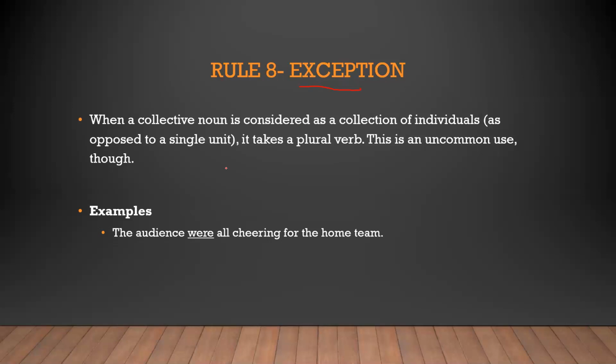Audience here means there is a group of people individually, and they were cheering, right? Just like, the audience were very excited. Another example for your clarity: the crowd were coming in huge numbers, right? A group is there, individually we are talking, so in this case we take the plural verb.